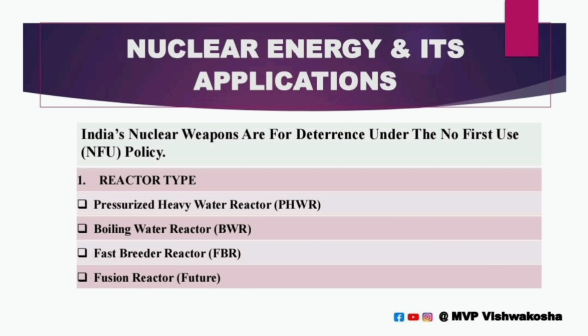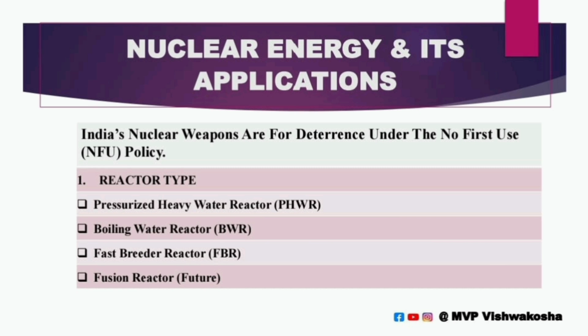India has a 3-stage program, and India is one of the highest thorium-producing countries, along with Norway. India has the world's largest thorium resource and plans to use it for next-generation reactors. Very, very important. Thorium questions have come in previous prelims, so thorium is very important.